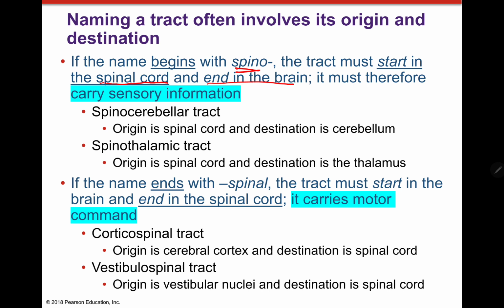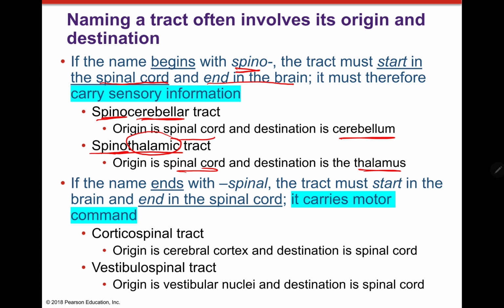Examples are the spinocerebellar tract, originating in the spinal cord with its destination in the cerebellum, and the spinothalamic tract, again originating in the spinal cord, however its destination is the thalamus. So it's really in the words.